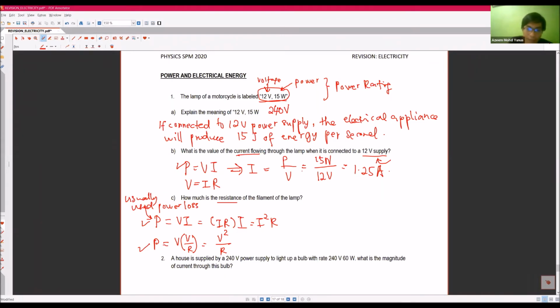How much is the resistance of the filament of the lamp? R equals V over I, so V is 12 volts and I is 1.25 ampere.